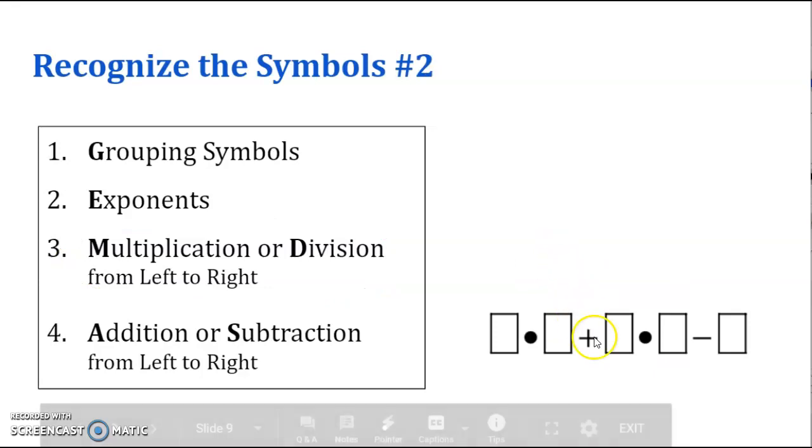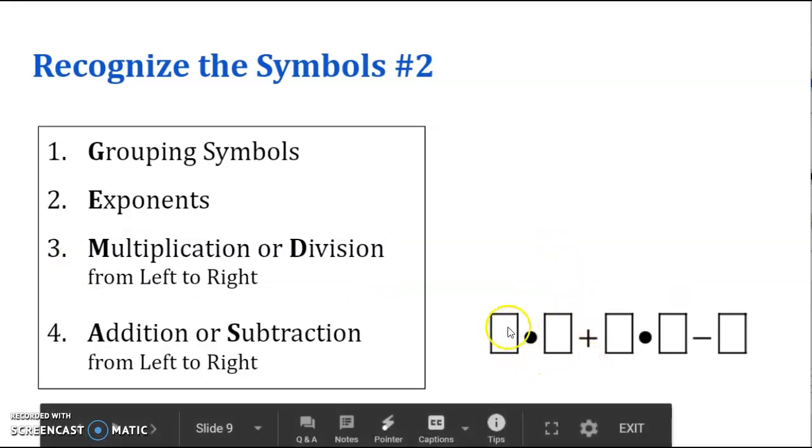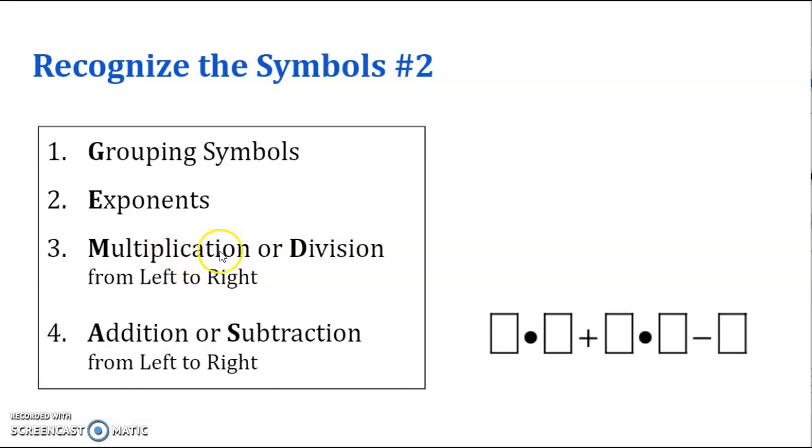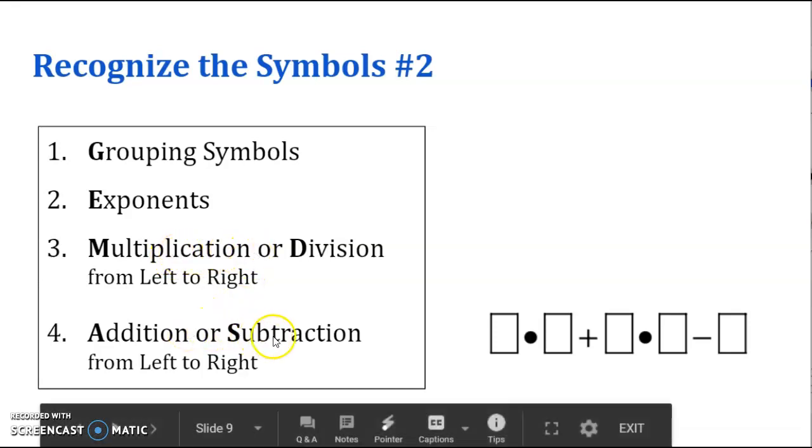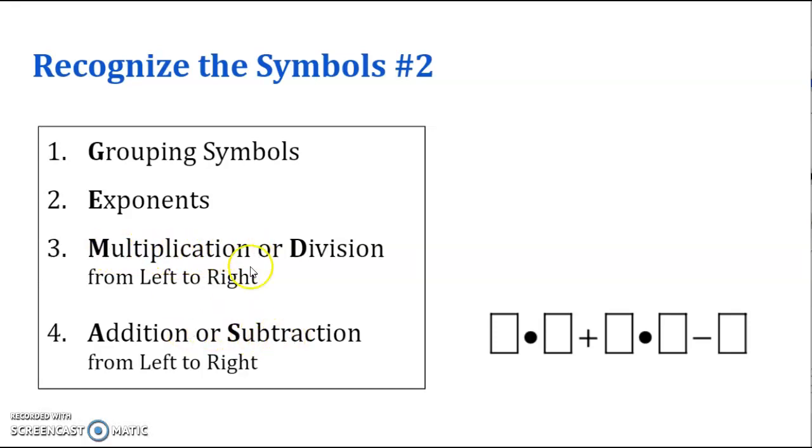Let's do another example. What do you notice here? Well, there's some number, multiply, number, addition, number, multiply, number, and subtraction by a number. So we see multiplication, addition, multiplication, and then subtraction. Which one should we do first? Again, multiplication is before addition or subtraction, and we always go from left to right.